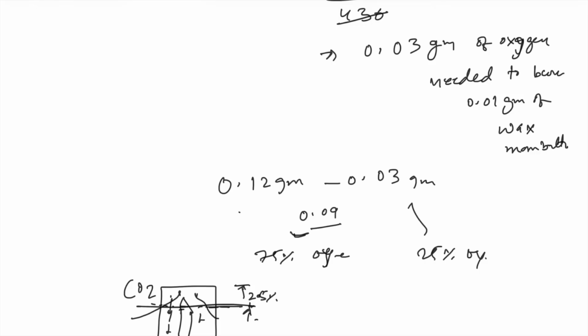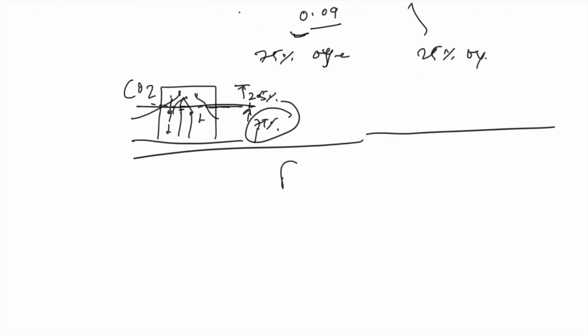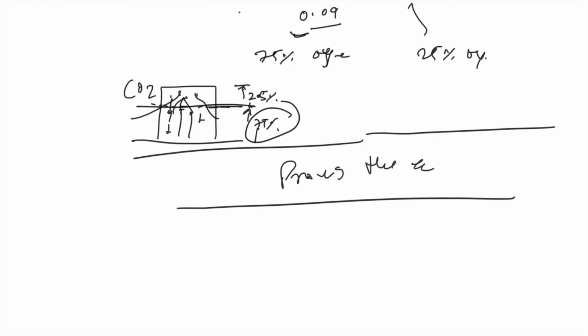So 75% oxygen will not reach the flame of the wax. So that's why. Now this calculation proves the exact experiment. Thank you everyone.